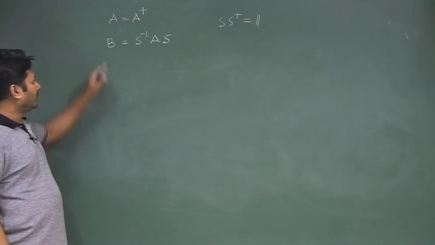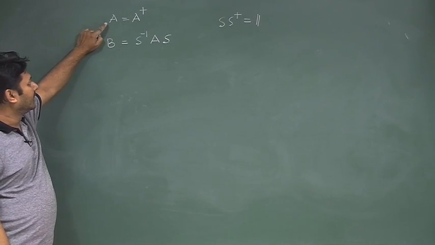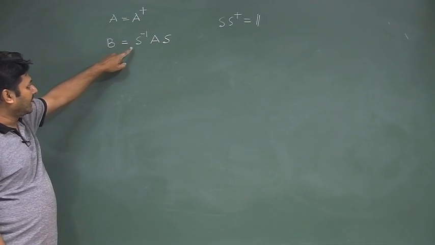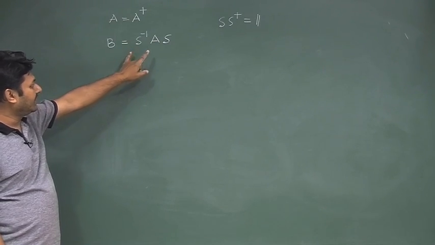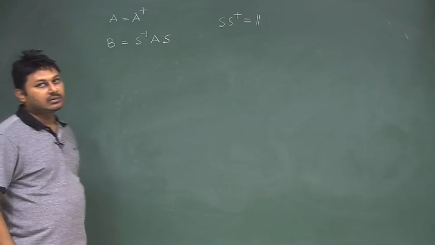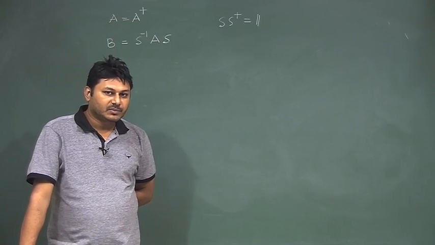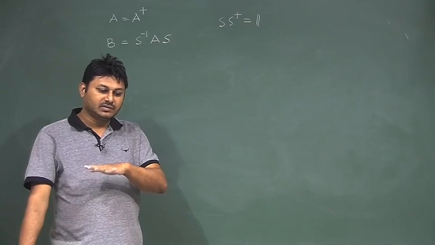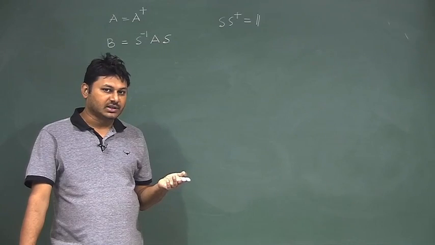What I am trying to find out is this: I have a matrix which is Hermitian. Now I want to transform it to another basis by a unitary transformation. The unitary transformation is required when I transform from a set of orthogonal bases to another basis which is still orthogonal.